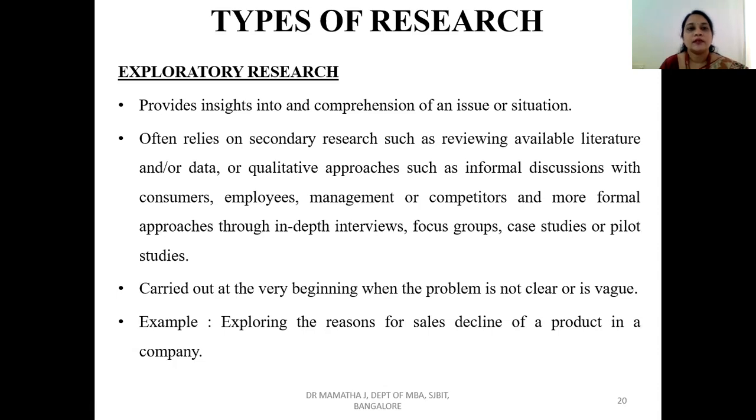This exploratory research relies only on secondary data. You all know what secondary and primary data are. Secondary data is data which is already existing; some research has already happened on that issue or concept. Now the data is easily available to you in the form of literature, so you're going to do a literature survey and find out more and more information about that particular topic.